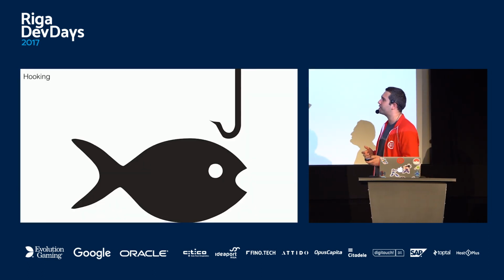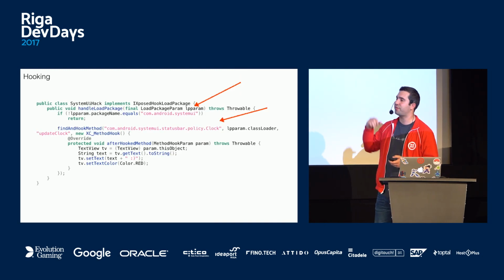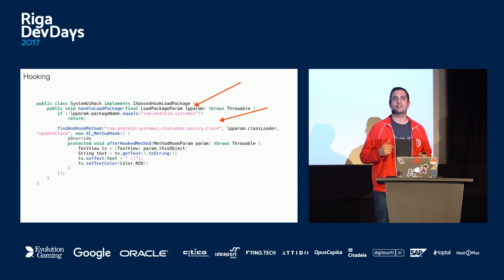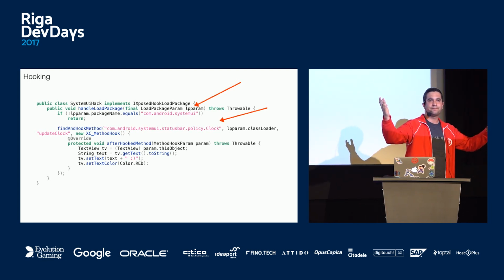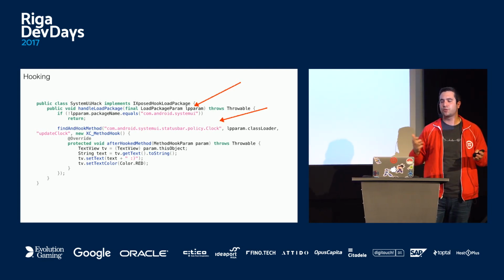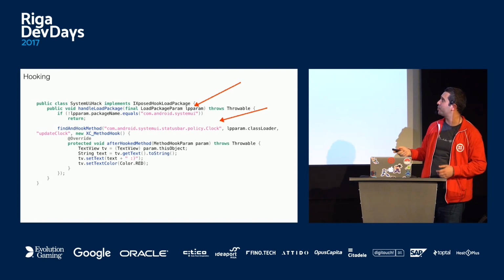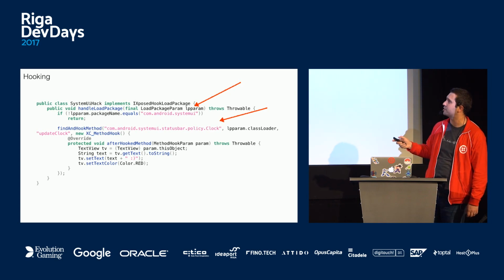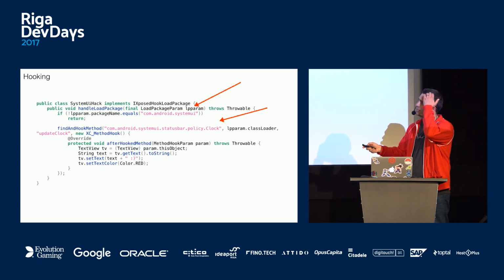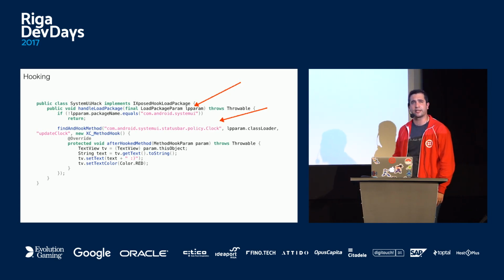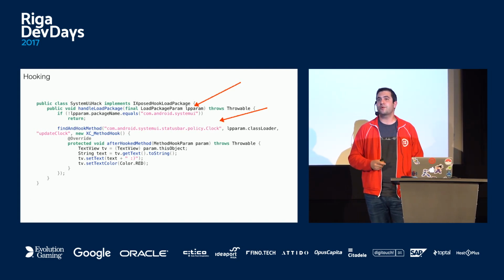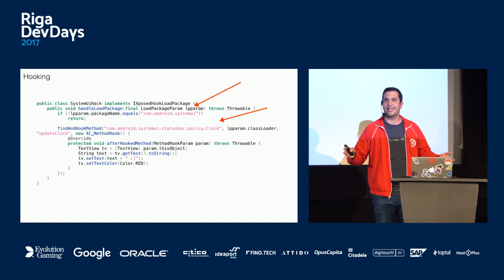The idea with hooking is you listen to a method that gets called inside your application, and when that method gets called, you can trigger something. In this example, we're looking at the clock change. Every single time the clock changes, we can log something. In this case, we're just being nice and changing some text. But with hooking and Xposed, people can do horrible things to your application.